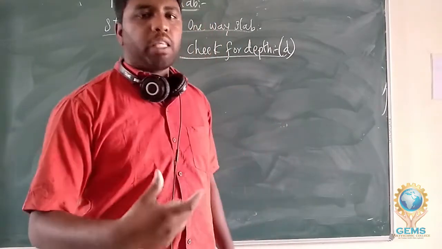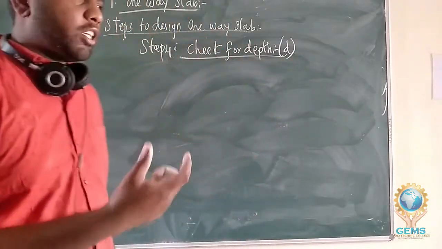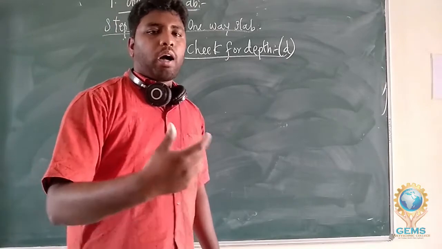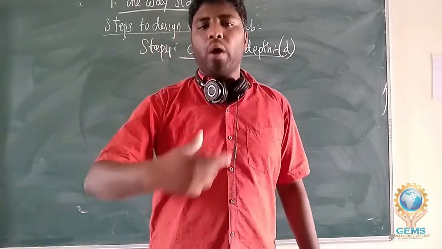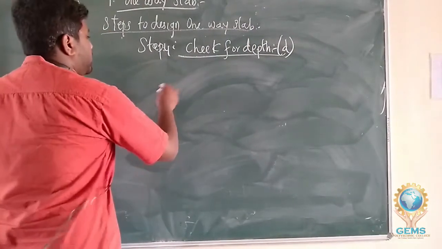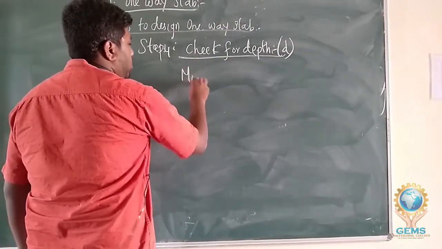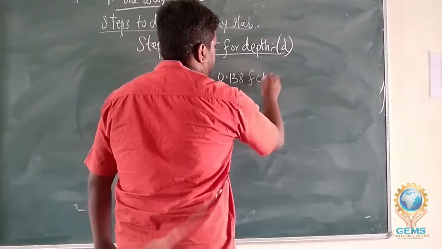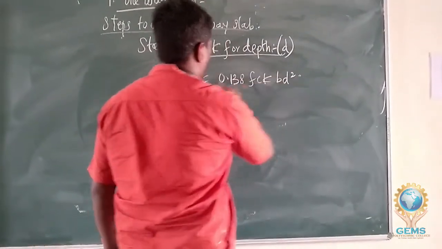For this load and this moment, is the effective depth correct, or must we change it? So you are going to check after finding the moment. How will we check this? There is a formula: MU is equal to 0.138 fck b d square for moment.